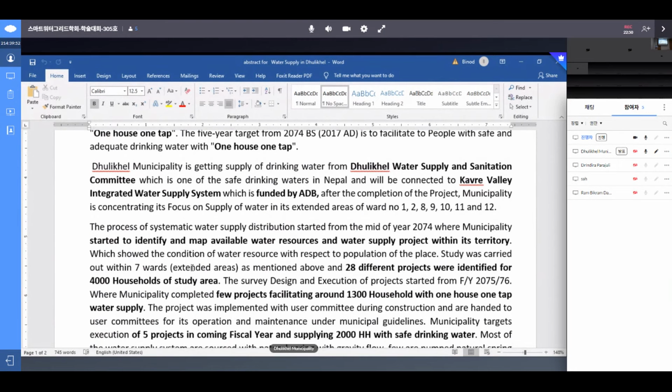The process of systematic water supply and distribution started in 2007 BS, which is 1780, when the municipality started to identify and map available water sources within the territory.